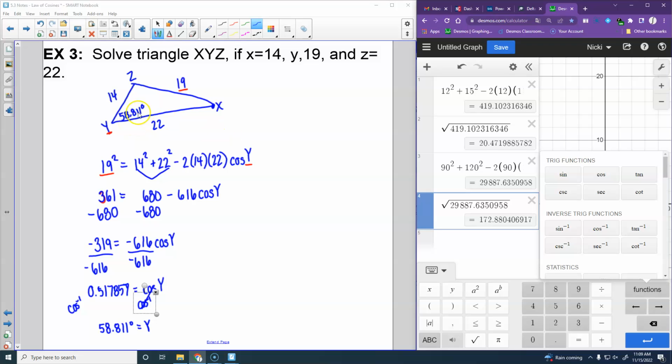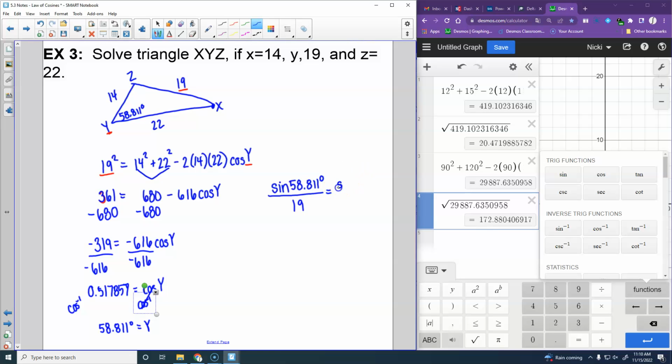So for this next part, I could do sine of 58.811, that angle I just found, over 19. It'd be even better if you stored that, but I realize we don't all have calculators. You can copy and paste in Desmos. That would equal, you can find x or z, it doesn't matter.